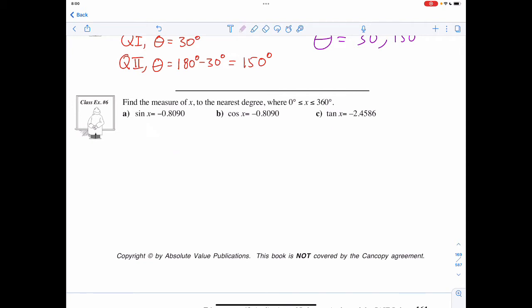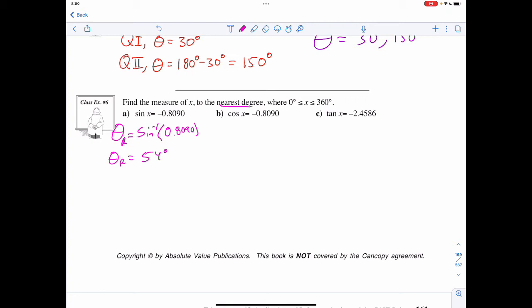My reference angle is going to be sine to the negative 1 of the positive value of this ratio. We always take it from the positive value because the negative can skew our results. Our reference angle is going to be approximately 54 degrees to the nearest degree.